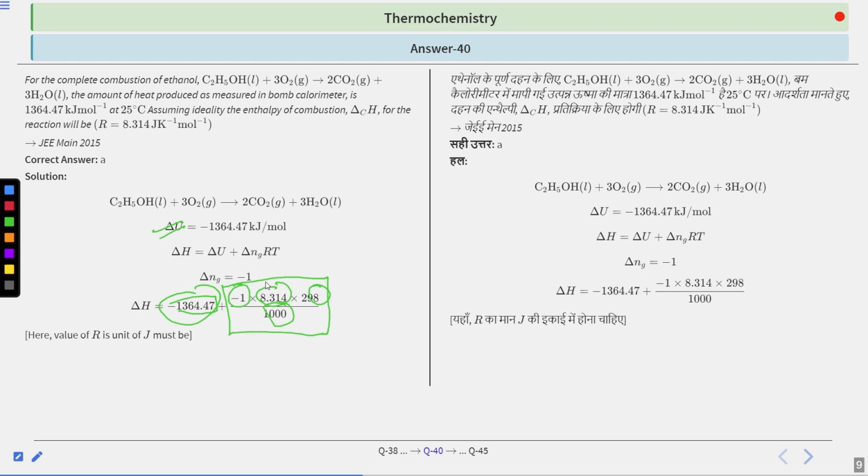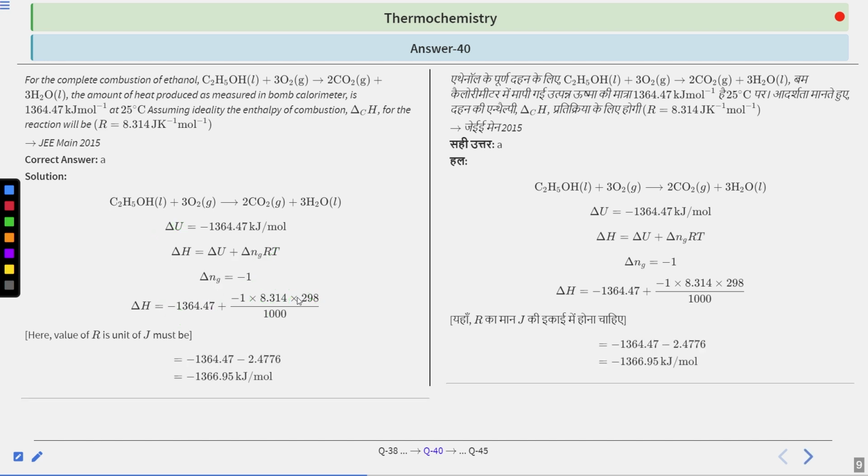So for that reason we have divided R by 1000 to keep the unit of delta NgRT as kilojoule. Clear? So in this way you will solve this one. Now if you perform the calculation, that will give you minus 1366.95 kilojoule per mole as the correct answer.